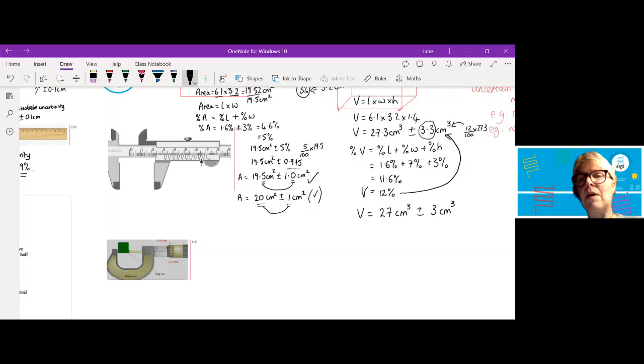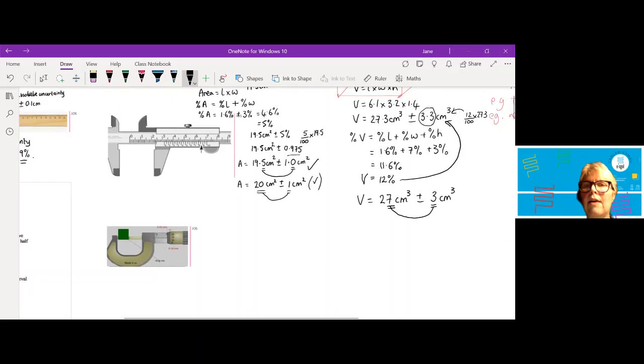This time I would recommend doing it with just the one significant figure, so that the decimal places are consistent with the calculated value of the volume. That ties in quite nicely.